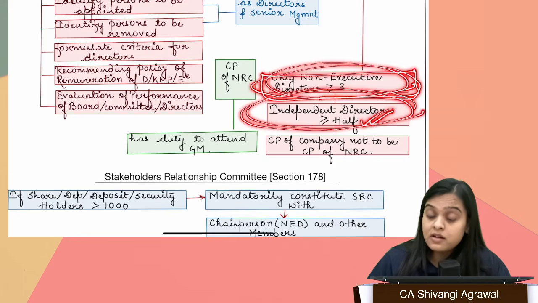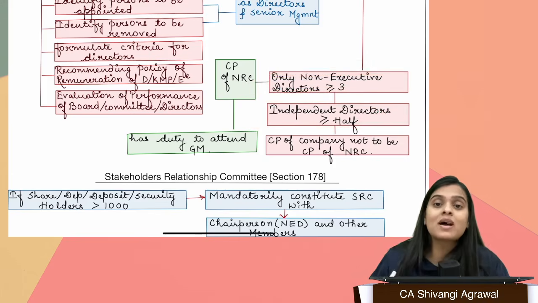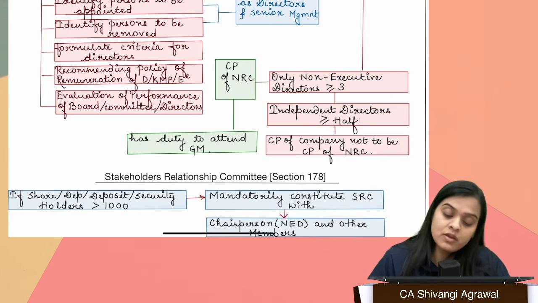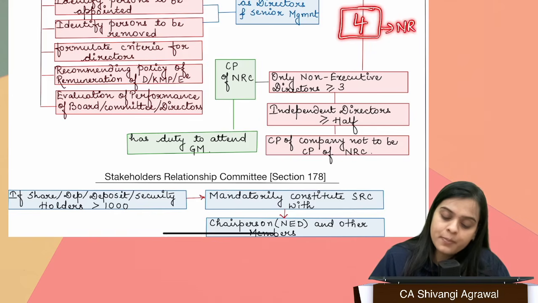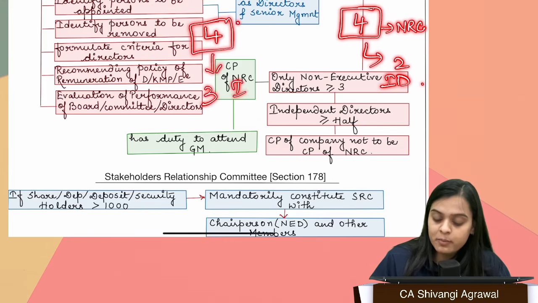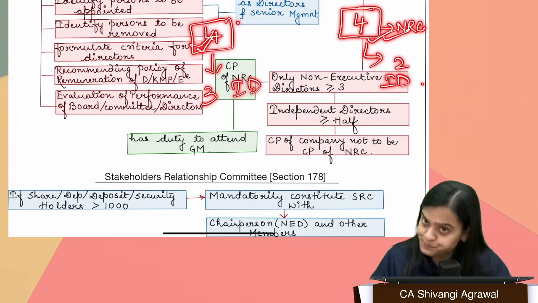So here we have a less serious requirement in comparison to the audit committee when it comes to independent directors. If we have 4 directors in NRC, at least 2 have to be independent. But in the audit committee, if we have 4 directors, then at least 3 have to be independent, because there it was written majority, here it's written half.